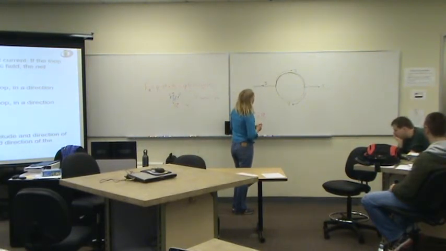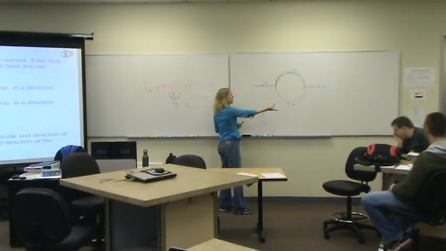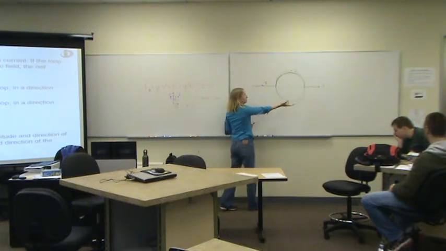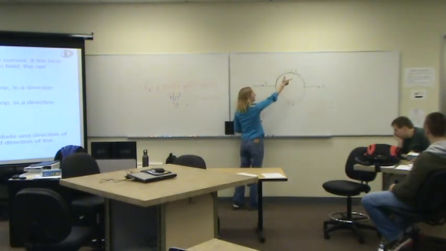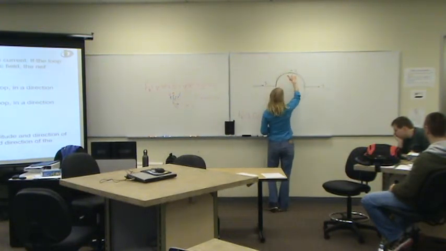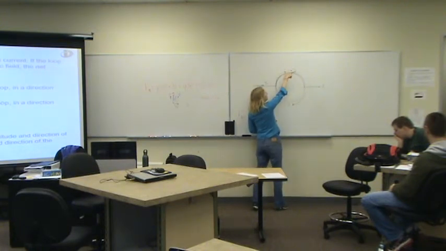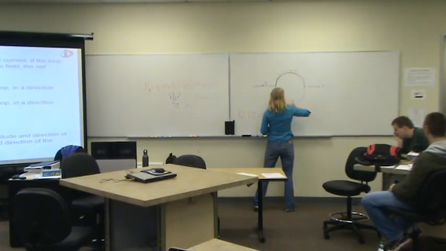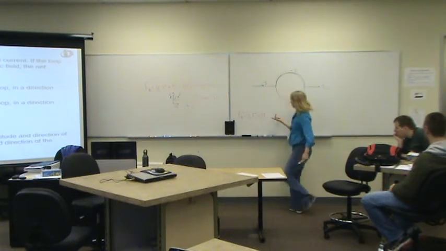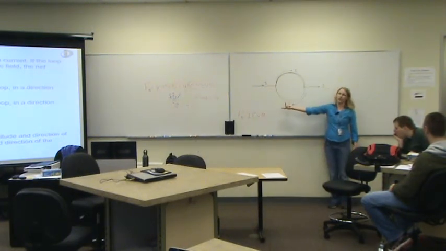If the B field is pointing up, that would just reverse it. So the force is coming out of the board on top and into the board on the bottom.